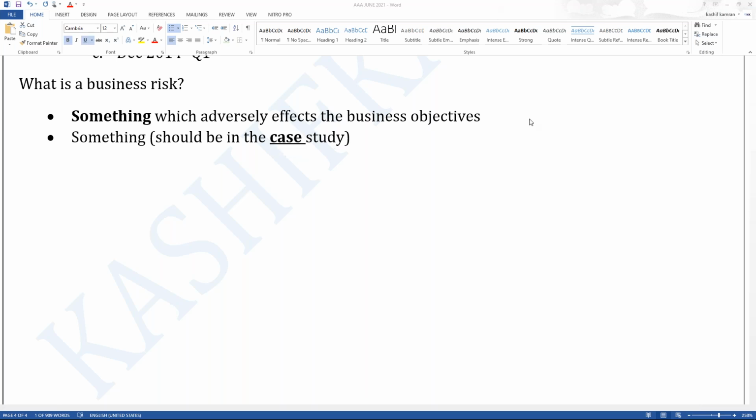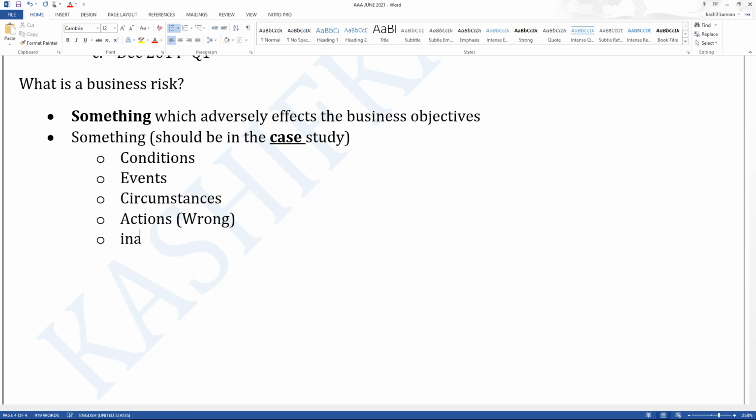So something that would adversely affect the business objective, and that something should be in the case study for a student. Now, what are examples of those somethings? Something can be conditions, events, circumstances, wrong actions, and inactions, meaning no action taken by the business, and that results in your profitability being affected.